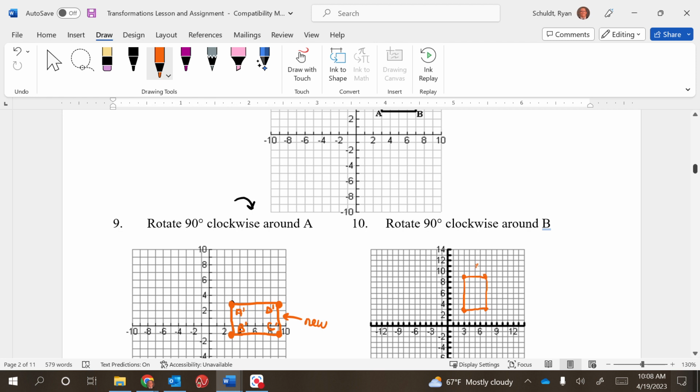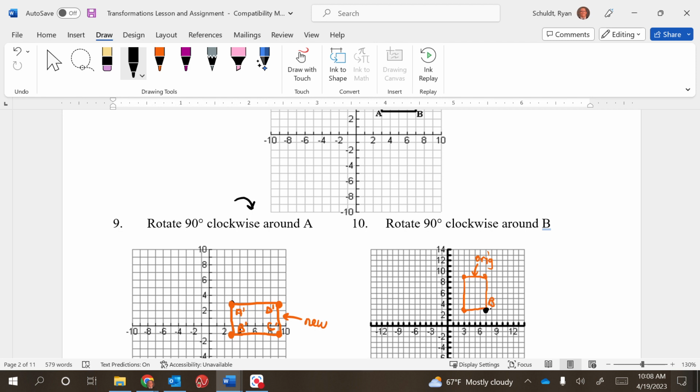Okay, this is the original right here, and point B is down here. So if I rotate 90 degrees clockwise around B, that means B is my pivot. B has to stay. But then I'm rotating clockwise, so this point has to come down.